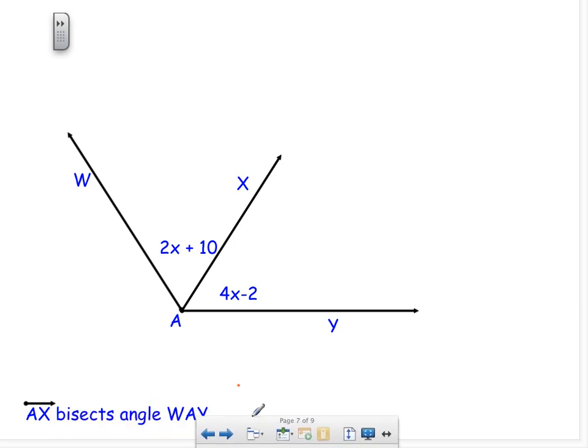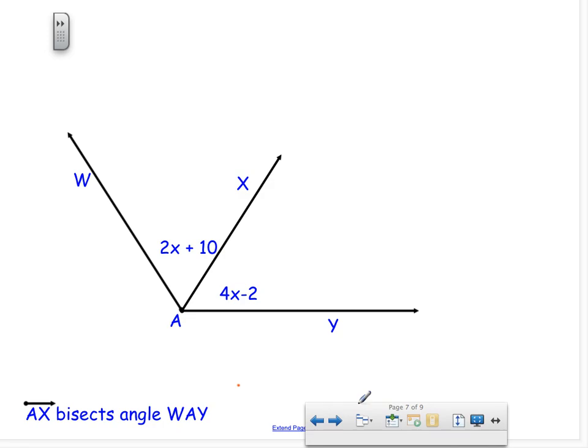Here I am told that AX, ray AX, bisects angle WAY. By the way, angle bisectors are always rays. So now, my whole algebra thought pattern changes because we know it's a bisector. I'm not going to add these two together and set them equal to a total.